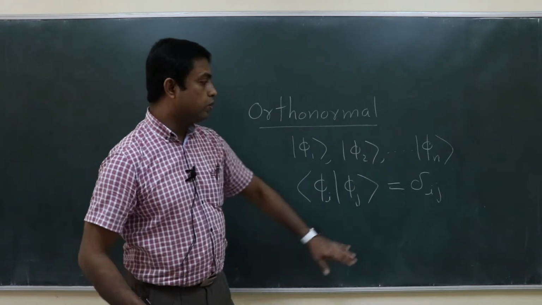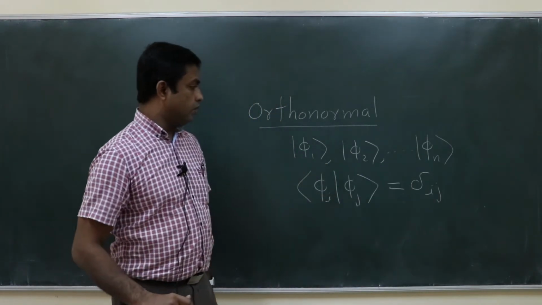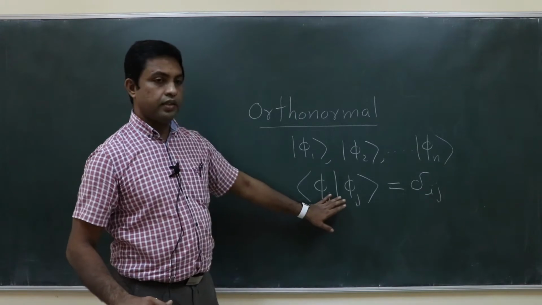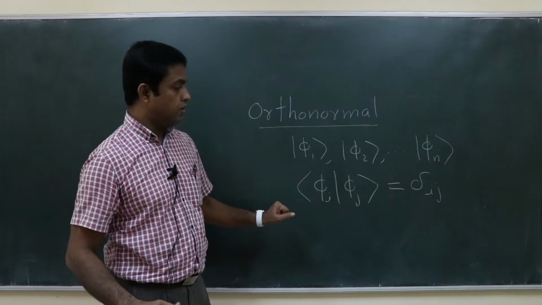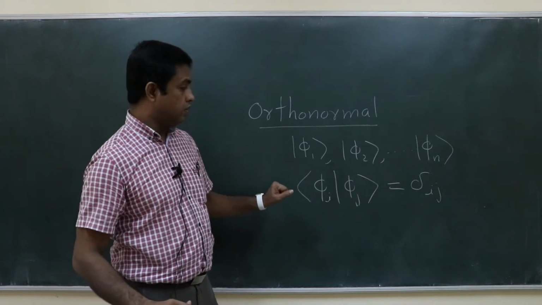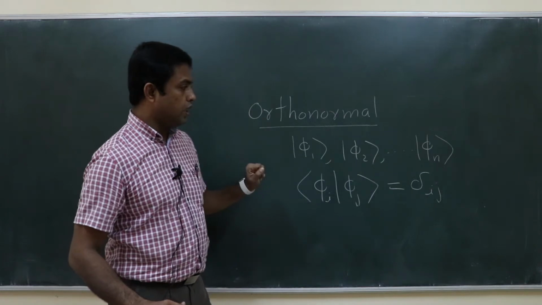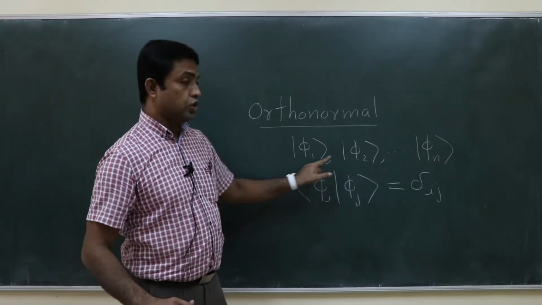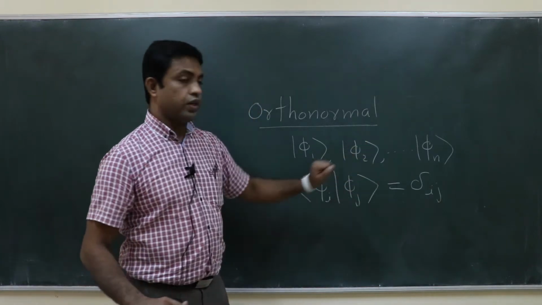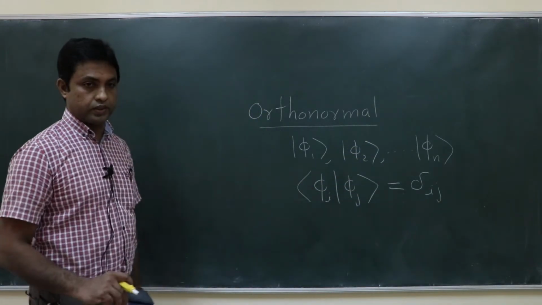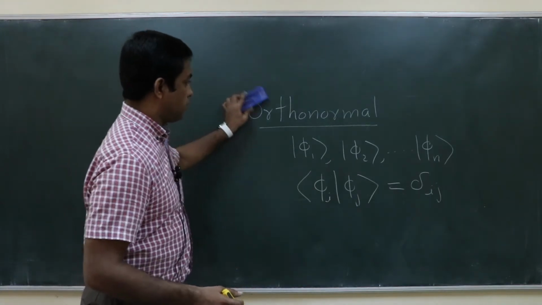You all now know what delta ij is, it is a Kronecker delta. When i is equal to j, it is equal to 1. So basically the vectors are normalized. The norm of each of these vectors is 1 and each of these vectors is orthogonal. So this kind of vectors are called orthonormal vectors. Okay. So they are basis vectors in this space.